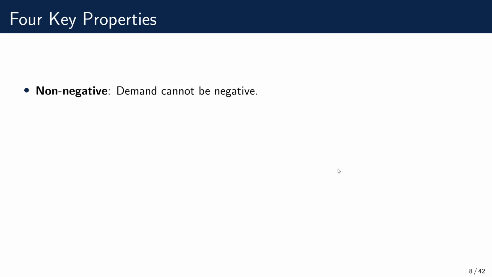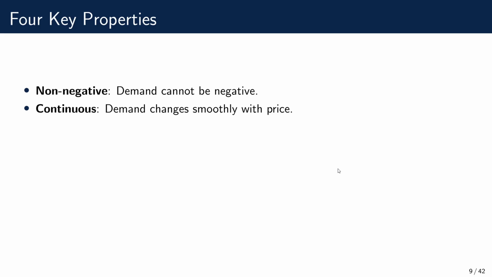So now let's understand the four key properties of the demand response curve. The very first property is non-negative. That is, the demand response curve cannot be negative because demand cannot be negative. And the curve will be continuous, meaning demand changes smoothly with price.